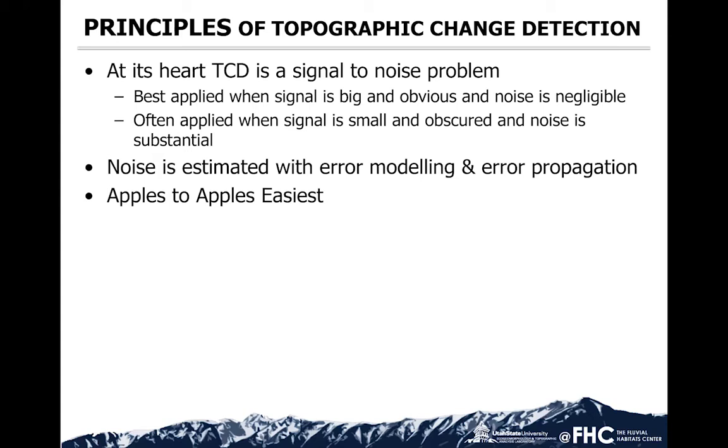What I mean by that is if you've done everything in your first survey and you got that all set up and you do sort of the same things in the second survey, that's the easiest situation. It's also really rare. Most of the time, we are evolving and improving in terms of our acquisition capabilities. We may be using different survey instruments, et cetera, et cetera. So we don't have the apples to apples luxury.